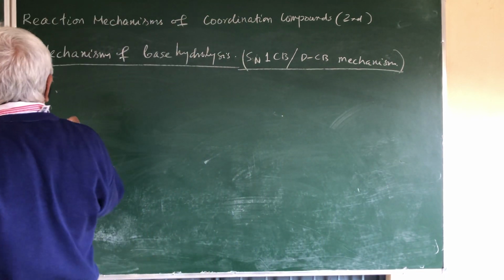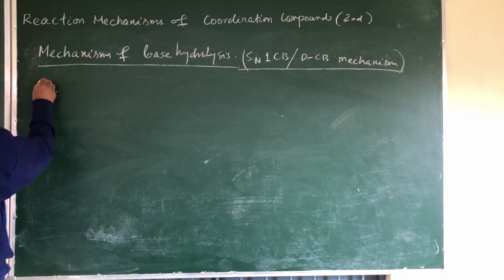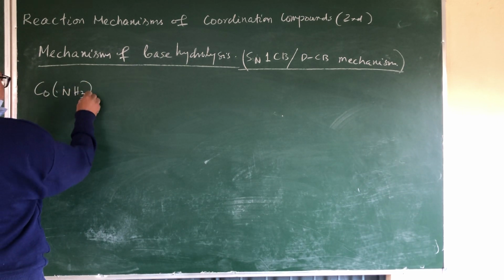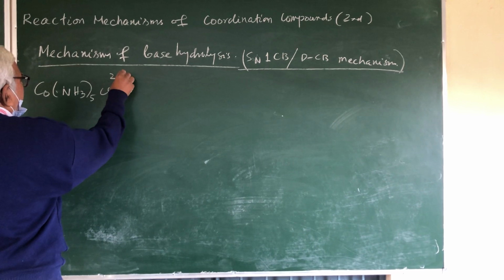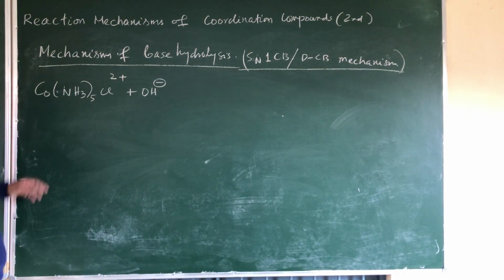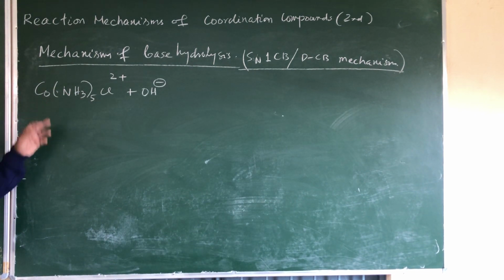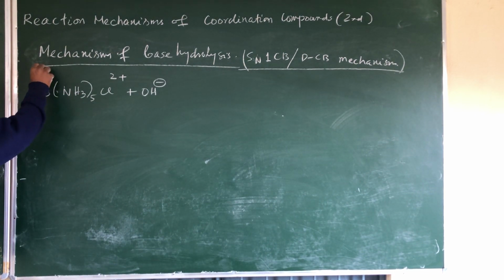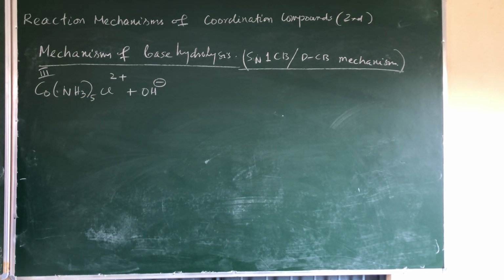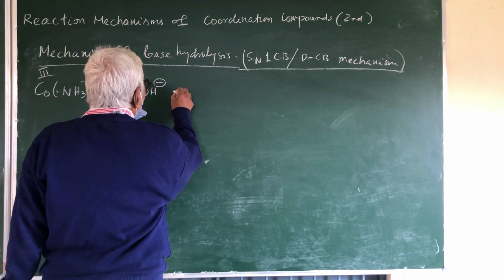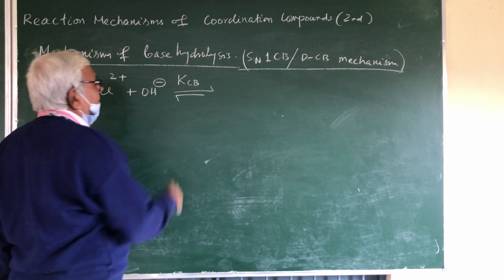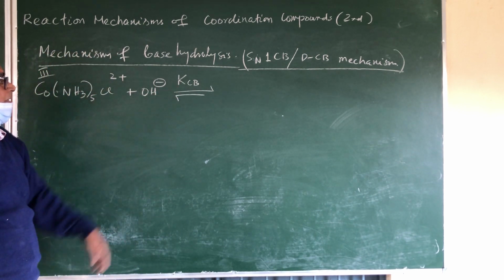So we take a complex compound. Here the pentaamminechlorocobalt(III), cobalt is in plus 3 state. Pentaamminechlorocobalt(III) is allowed to react with hydroxide ion. The corresponding equilibrium constant is Kc.